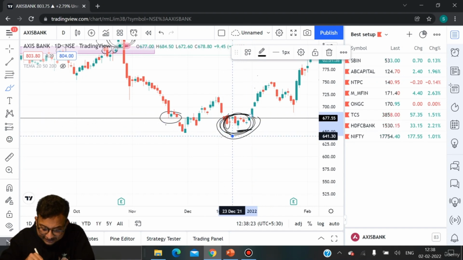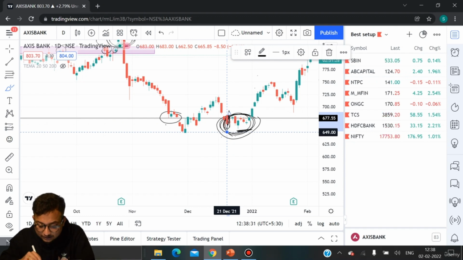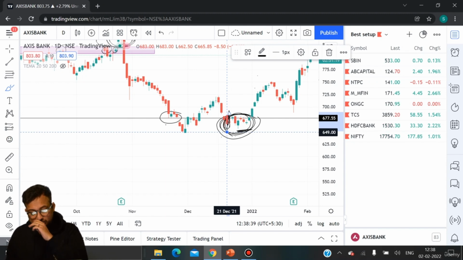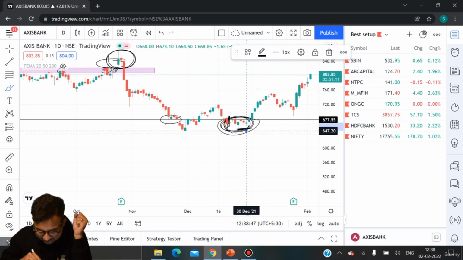So if you have taken the short entry here on the basis of this breakout, you are trapped now, you are facing losses, so book your losses. And let's see whether the market is again approaching the price level or not. Yes, the market is again approaching the price level.